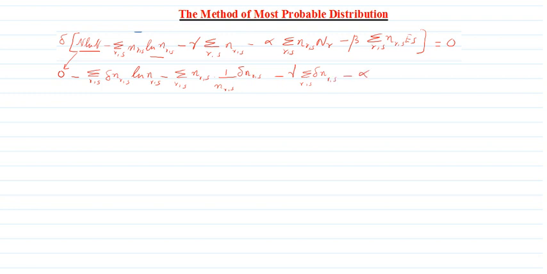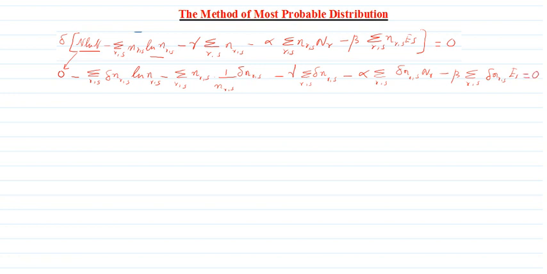Minus alpha into sum over rs delta nrs into nr, there also nr and es are just fixed quantities. Minus beta into sum over rs, beta is a constant, es is unique for a given system, so the only variable is nrs, because we are trying to maximize nrs, right? So delta nrs into es, so that entire term should be equal to 0.